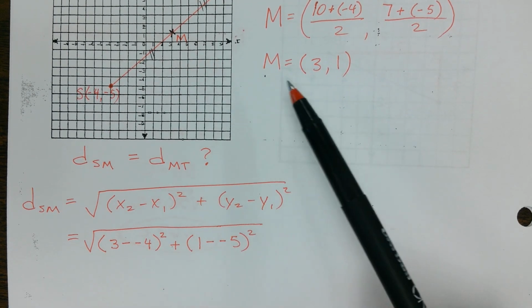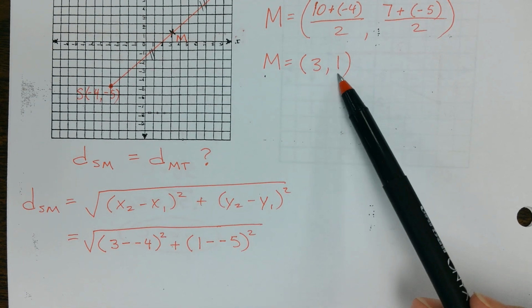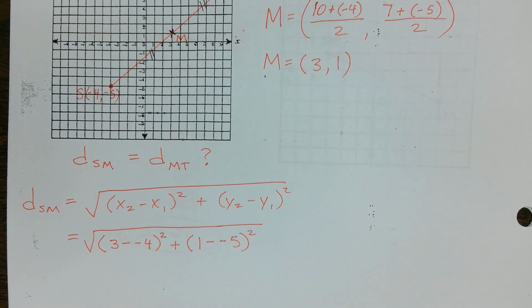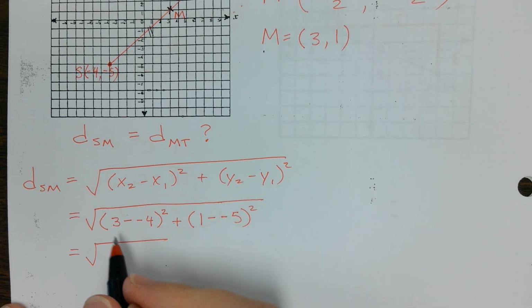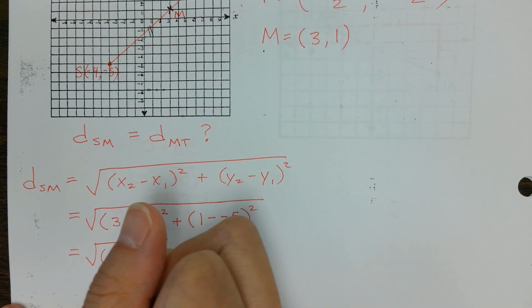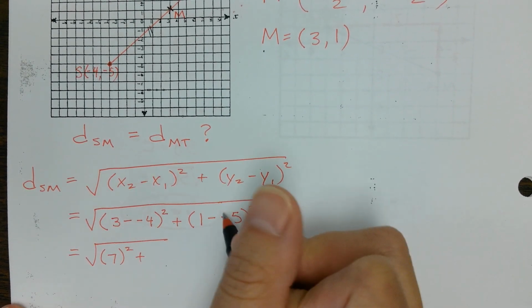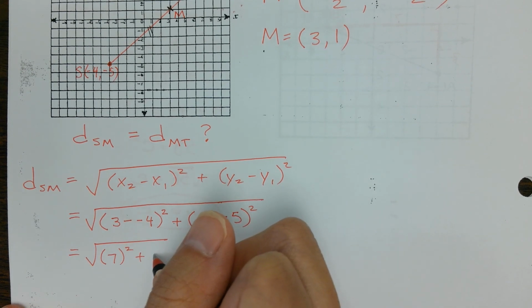Are we okay with what I subbed in? x2 minus x1, y2 minus y1. Okay. So I get 3 minus -4 is 7, so 7 squared, plus 1 minus -5 is 6, so 6 squared.